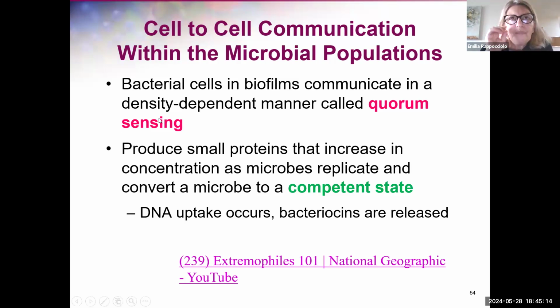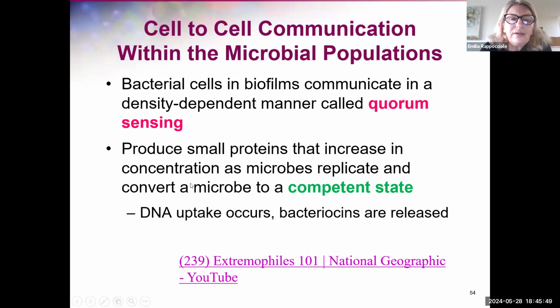Quorum sensing is based on signals and receptors. So the cells produce signals, which are small proteins, which are released. And if there are many cells of the same species, the concentration of these proteins will be quite high. And then they can be received by a receptor that is found on the membrane of another cell, or the same cell actually can self-stimulate.